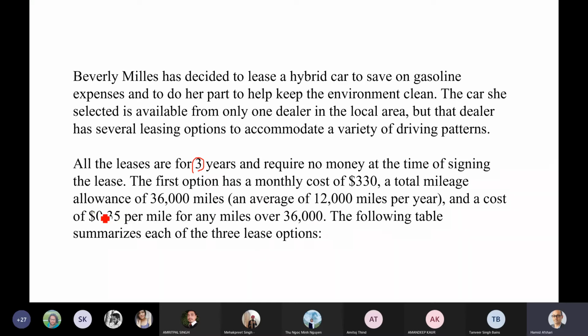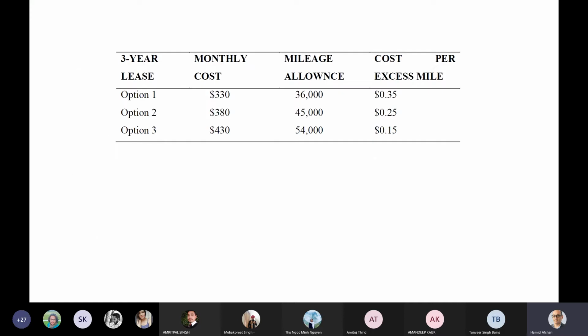And a cost of $0.35 per mile for any mileage over 36,000. So the following table summarizes each of these three lease options.